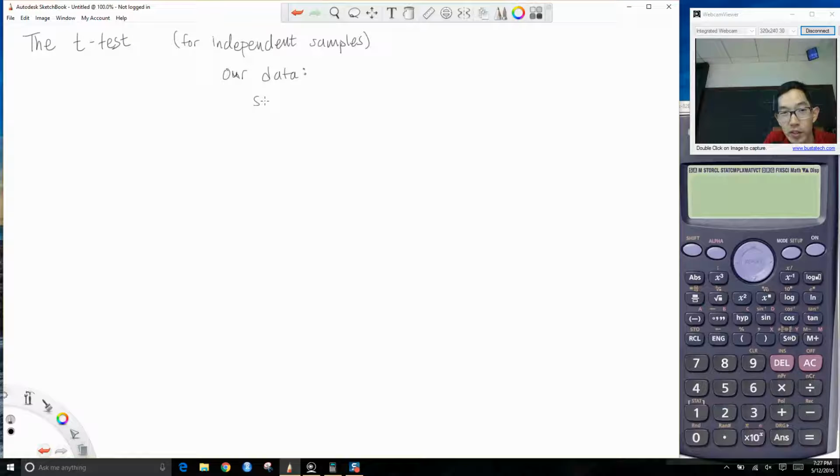We've got sample 1. Sample 1 has size n1, has mean y bar 1, and standard deviation s1. Okay, and then we also have sample 2. Sample 2 has size n2, y bar 2, and standard deviation s2.